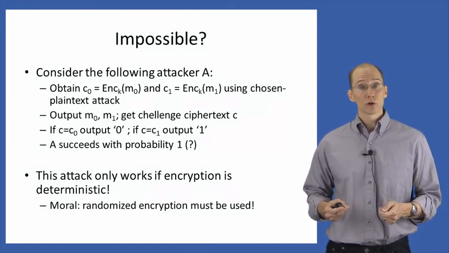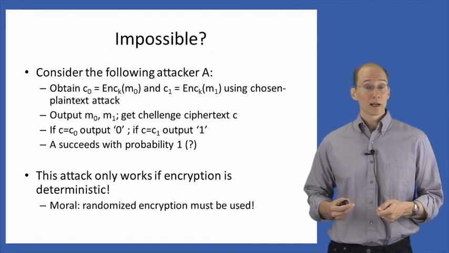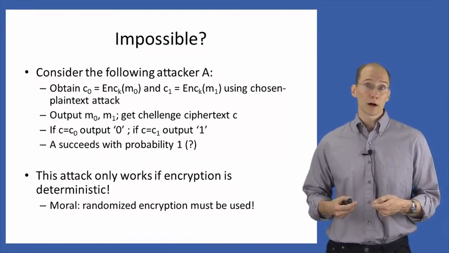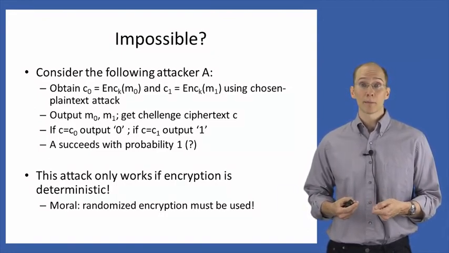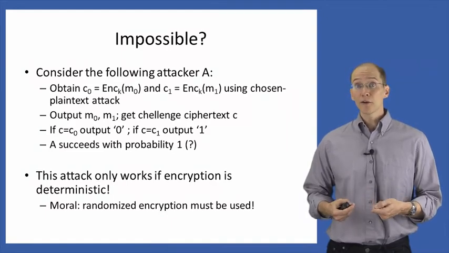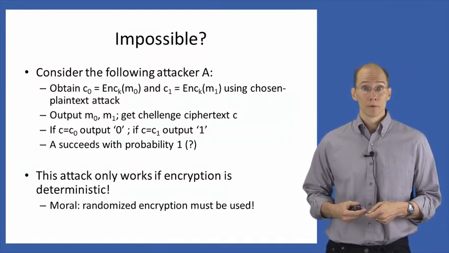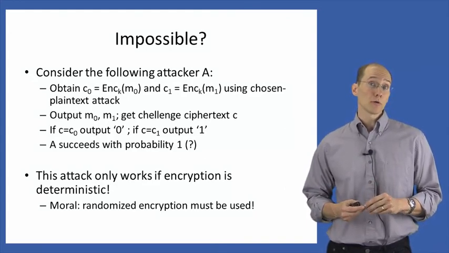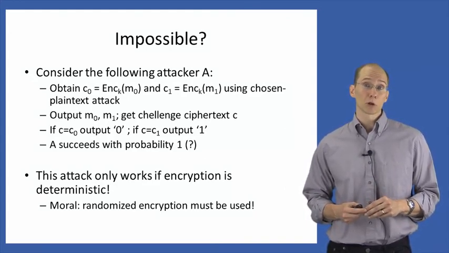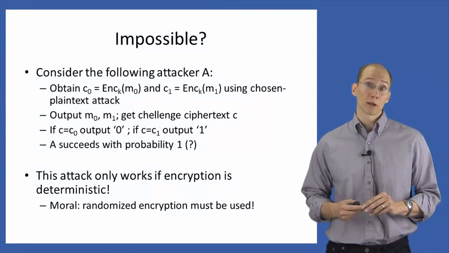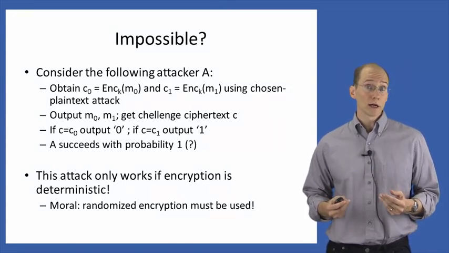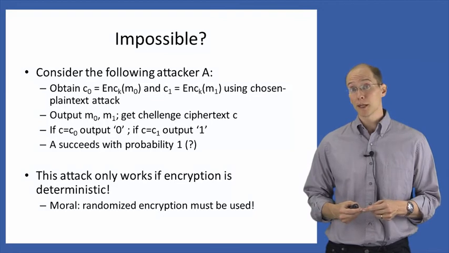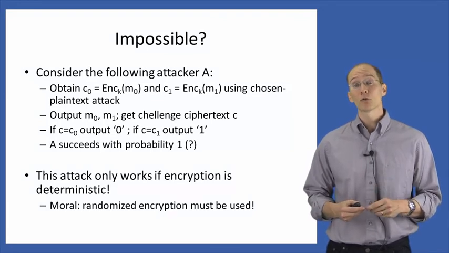But in fact, if encryption is randomized, then it can be the case that when I encrypt M0 multiple times, even using the same key, I get different ciphertexts each time. So in fact, this attacker only shows that CPA security is impossible to achieve for deterministic encryption schemes. The moral here is that if we want to hope to achieve CPA security, we need to use randomized encryption.